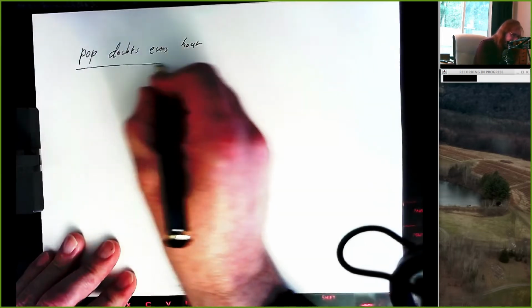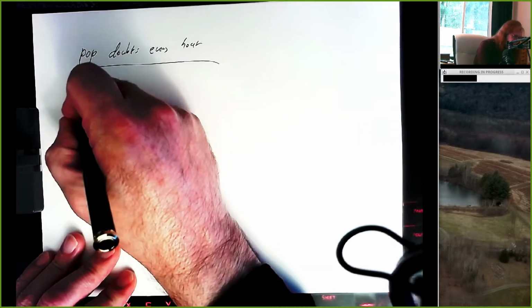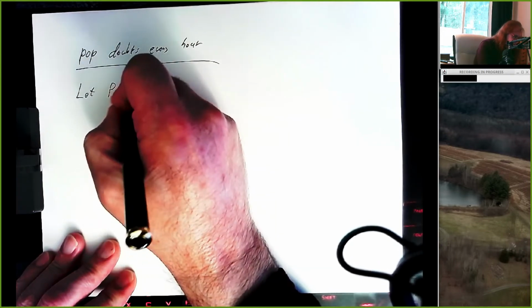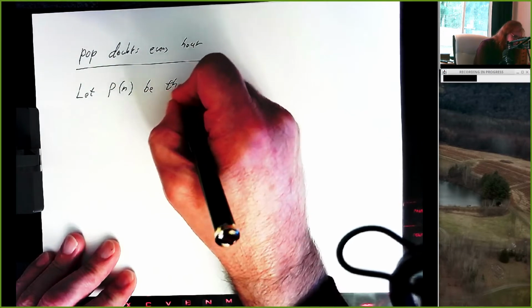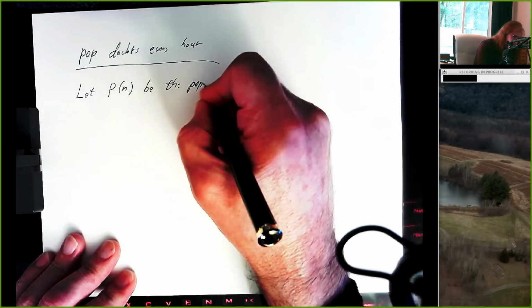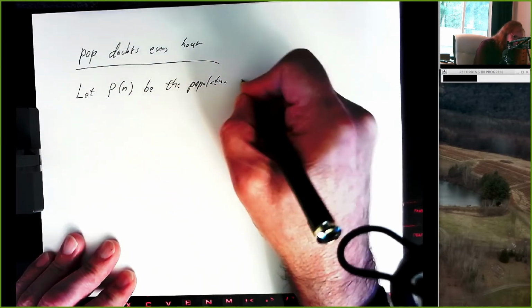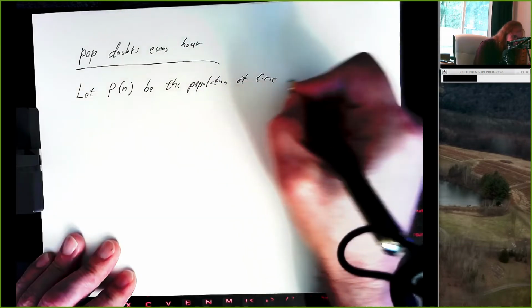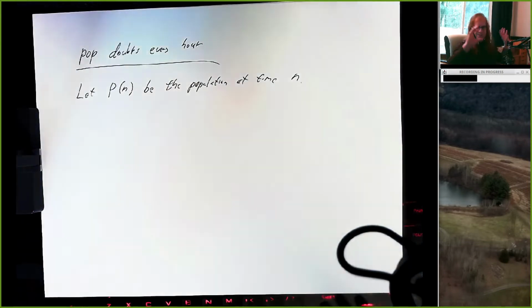We can capture this with a recurrence relation, so let P of n be the population at time n. Red alert here, we're not talking about propositions anymore, right?